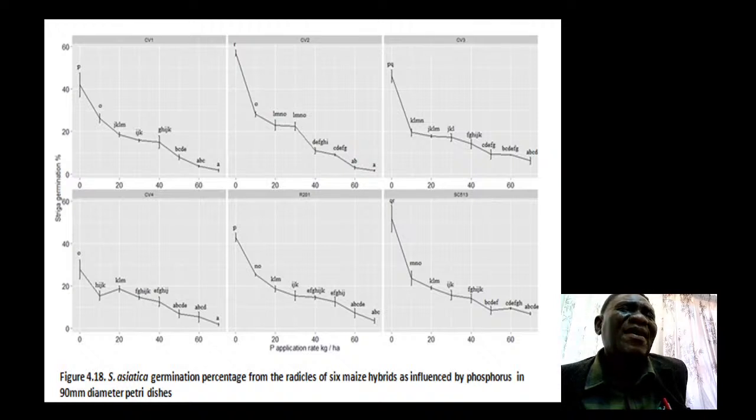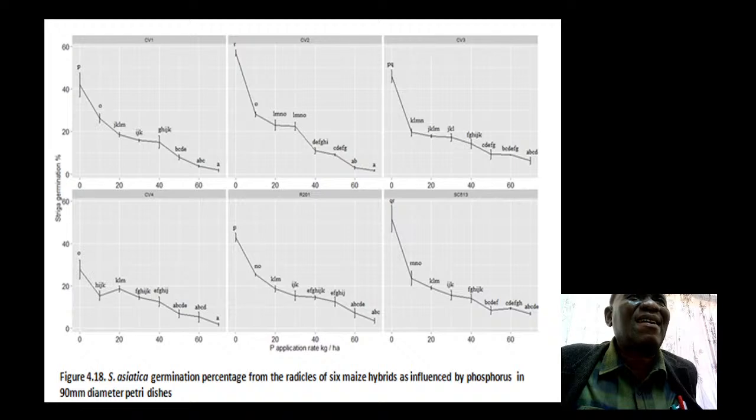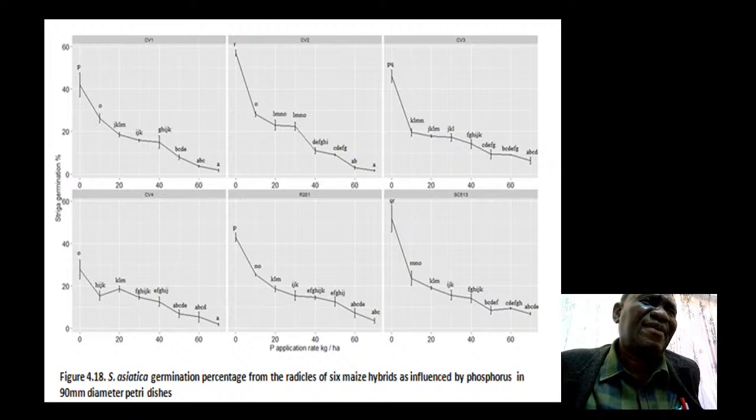He had 6 maize genotypes, and all the 6 maize genotypes had a tendency to show decreased Striga asiatica germination or emergence. So it didn't matter which variety.